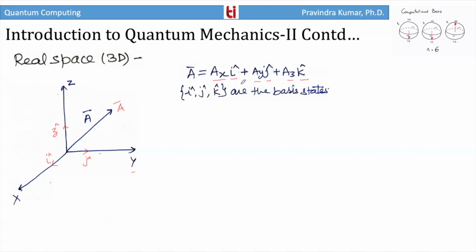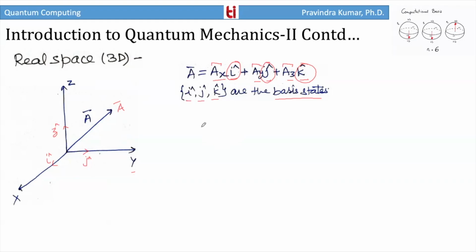So this is a linear combination with the unit vectors in the direction of x, y, and z axis. And here ax, ay, and az are the projections of vector A in the direction of x, y, and z axis respectively. So here the unit vectors i, j, and k are the basis.